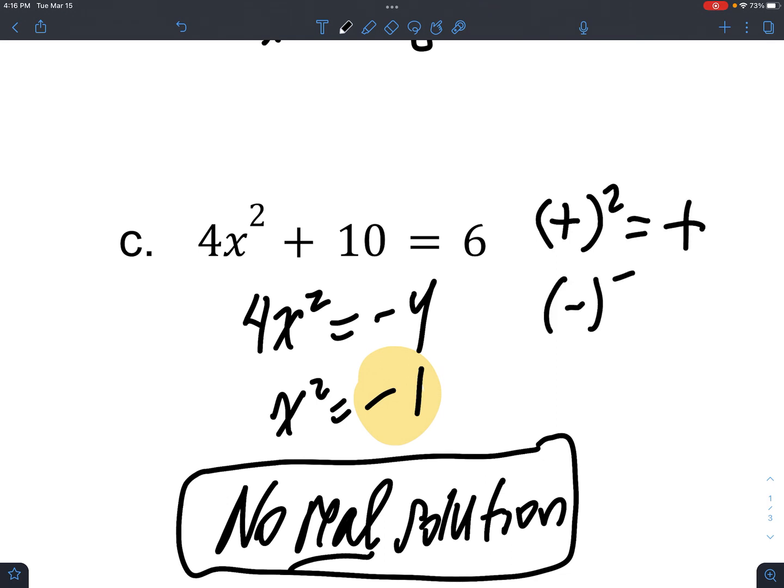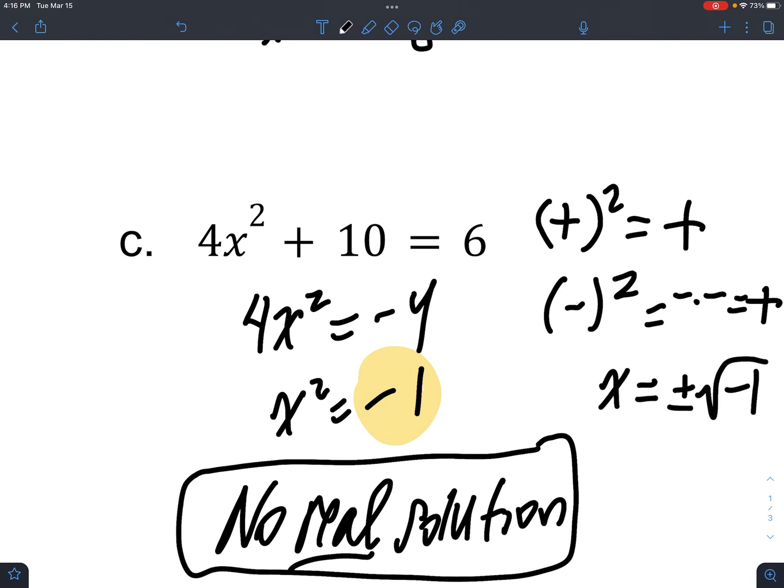If you square a negative, what do you get? Negative times negative, which is a positive. So if you're squaring and you're getting a negative, something's not right. It's not possible. Okay? Because when you square something, you always get a positive. Positive times positive, negative times negative. No matter what you do, they're always positive. So this is actually not possible.